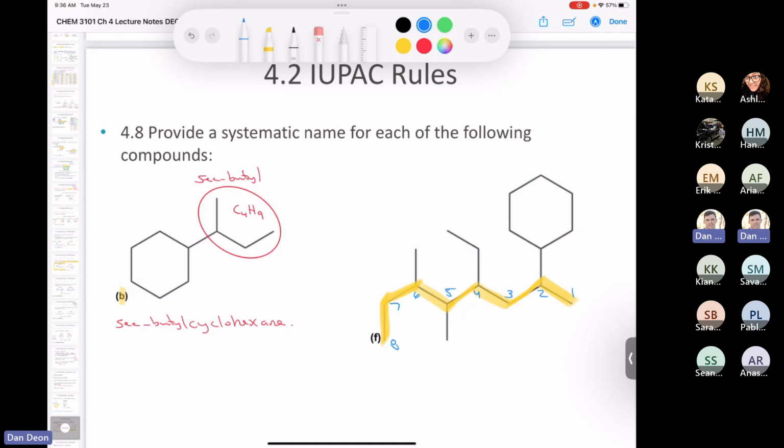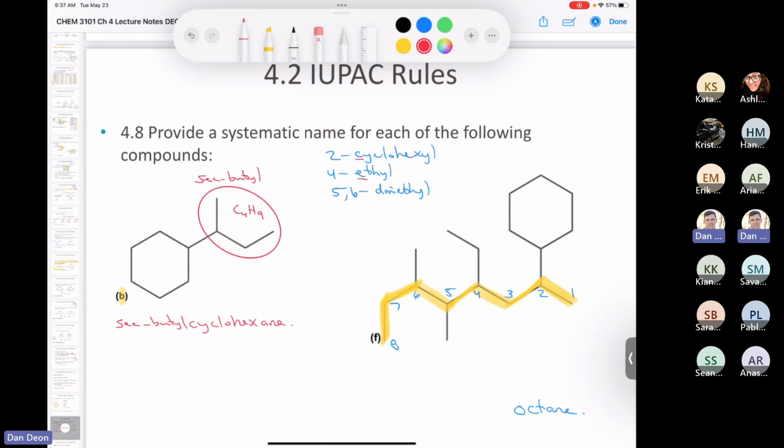So let's make a list here. We've got octane as our parent. Let's make a little laundry list here. We've got a 2-cyclohexyl. We've got a 4-ethyl. And then we've got a 5,6-dimethyl. So which one of these is going to be first? Remember, we ignore prefixes like di, but we don't ignore cyclo.